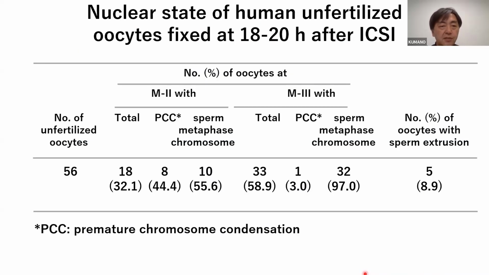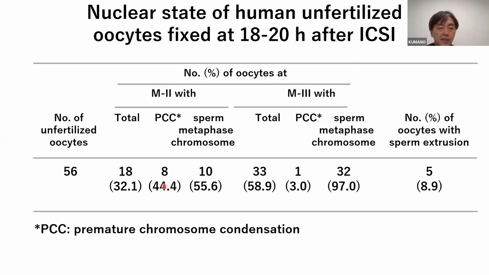This slide shows the nuclear state of human unfertilized oocytes fixed 18 to 20 hours after sperm injection. We examined 56 unfertilized oocytes, fixed with acid, and after fixation the oocytes were stained with acetocarmine.